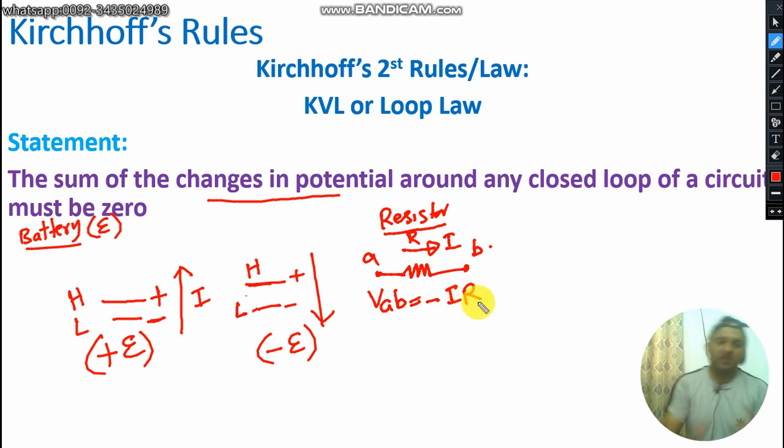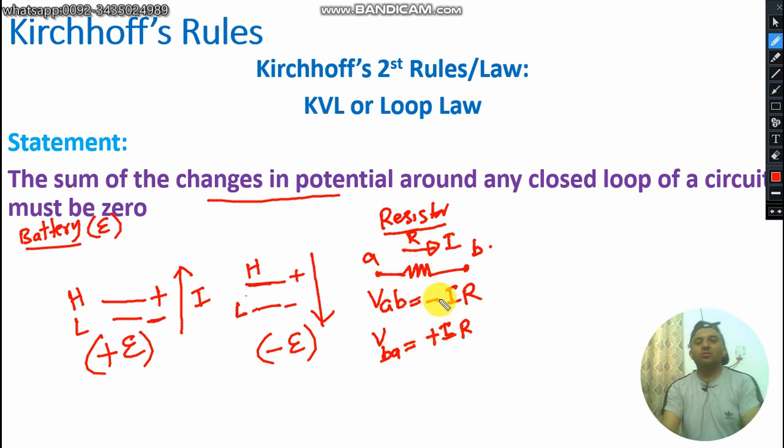But if we want to find the potential VBA, then it is equal to plus IR. So I repeat: for the battery, the change in potential is plus E if we move from negative towards the positive terminal, and minus E if we move from plus to minus. For the resistor, if we move in the direction of current from A to B, it is minus IR. If we move from B to A, it is plus IR.